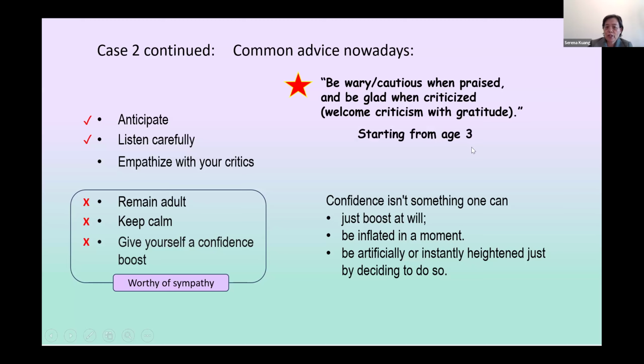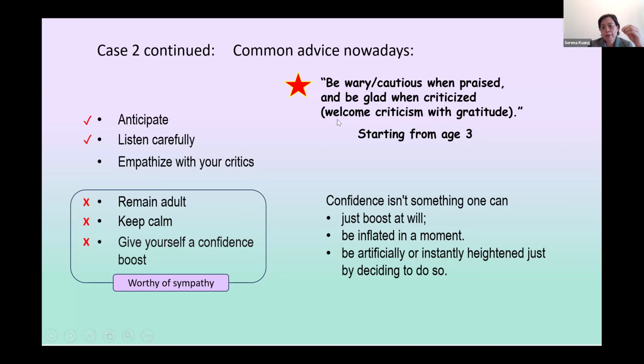This is Confucius' teaching starting from age 3. If this teaching, this value, can be embedded and taught, composed as simple, catchy rhymes, young children can easily memorize and recite.